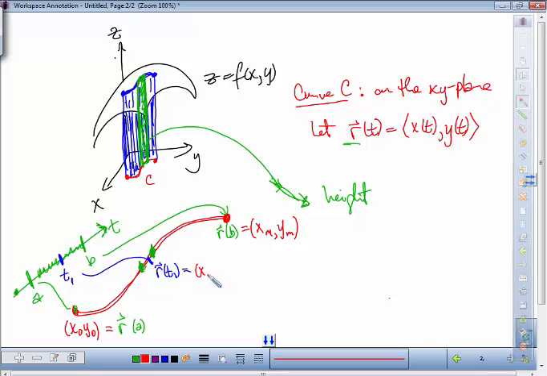I guess I should have said I. Let's use I: y sub I. The 1 kind of looks like an I. So if I take that random point, whether it be an endpoint or somewhere in the middle or anywhere in that interval, and put that up on the function, that's going to give me my height value. So my height is going to equal the function evaluated at x sub I, y sub I.